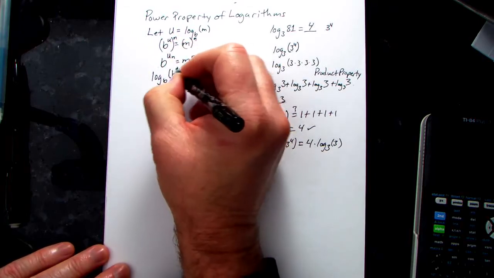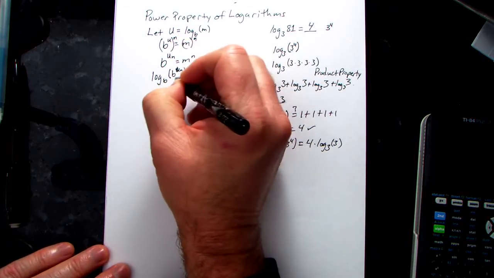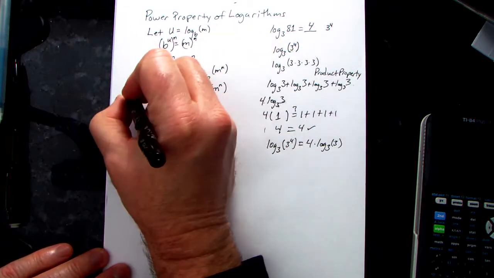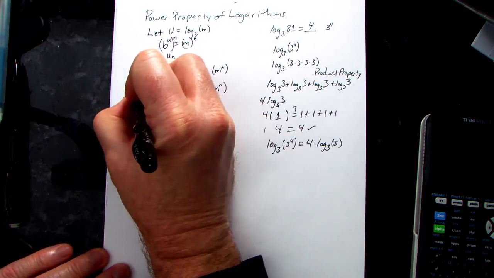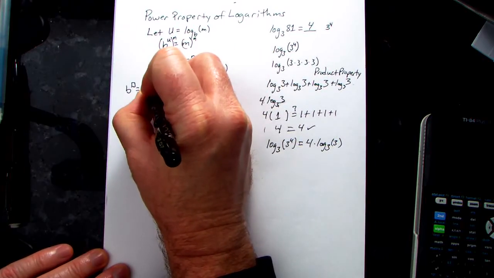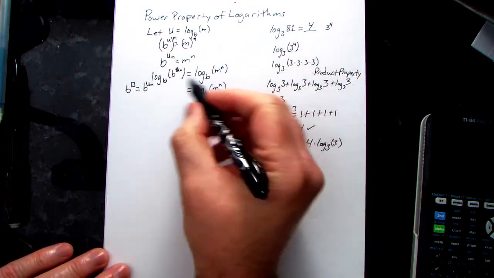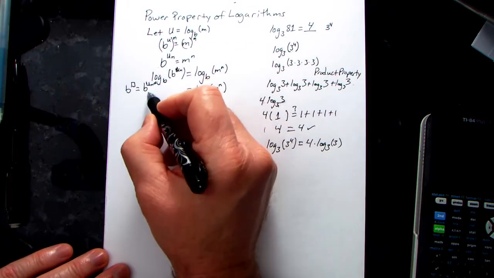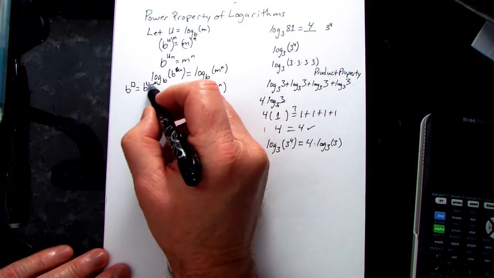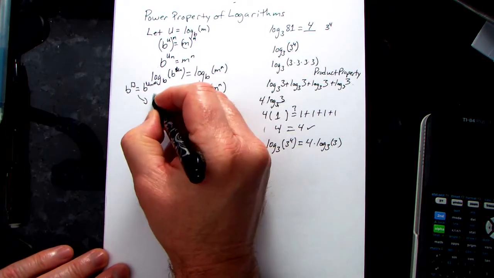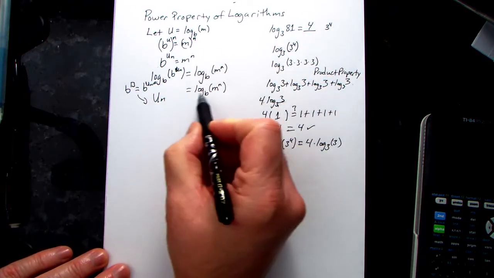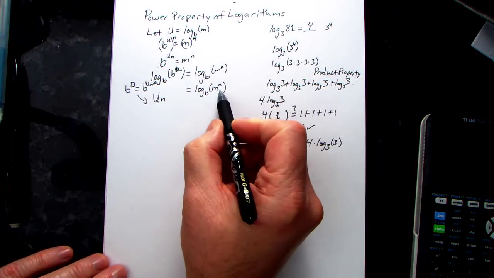Remember that a logarithmic expression like this says b to what power equals the argument. So b to what power equals b to the un? That's what this is asking. So I'm thinking of the question that way. Well, what power of b makes b to the un? Why, un does. That means that un is equal to log base b of m to the n.